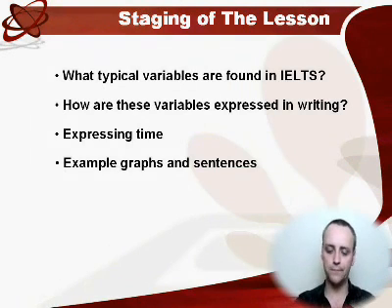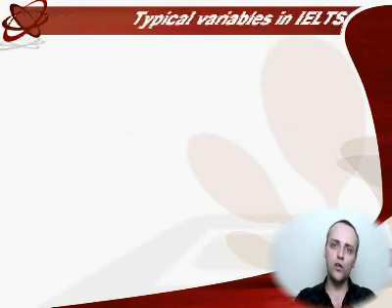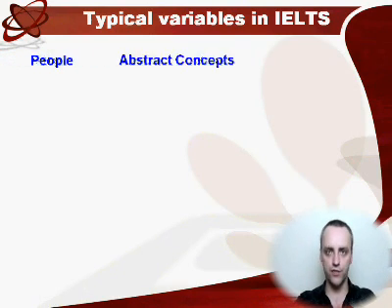Good. Let's move on. So, first of all, what typical variables are found in IELTS? When you look at the question in IELTS, the lines in the graphs or the bars in the graphs or the slices of the pies are going to be trying to give you information about, first of all, people, or it could be other abstract concepts.